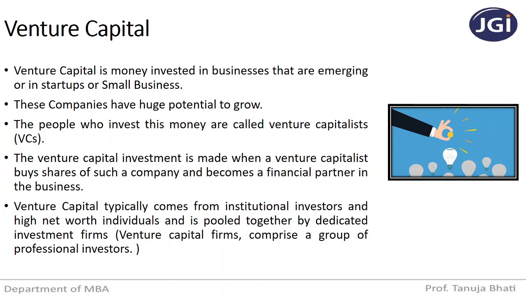So what happens? There are certain institutions, okay, which are called venture capital firms. So what do venture capital firms do? They take the money from professional investors and then they invest in startups that have huge potential to grow. Since they are investing in startups which have already started getting certain revenue, the risk will be there, but it will be to a lower level.